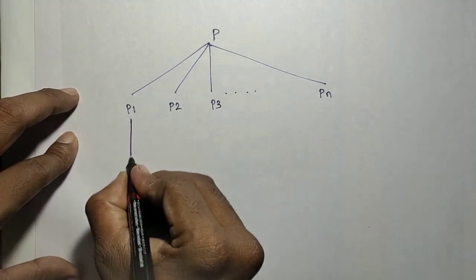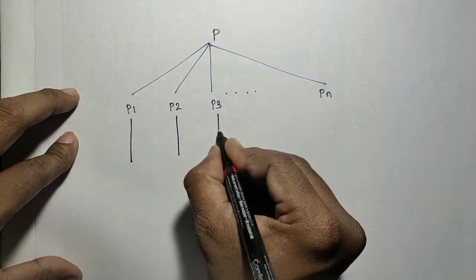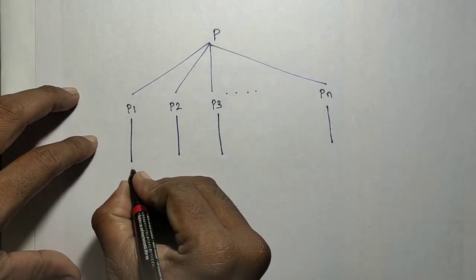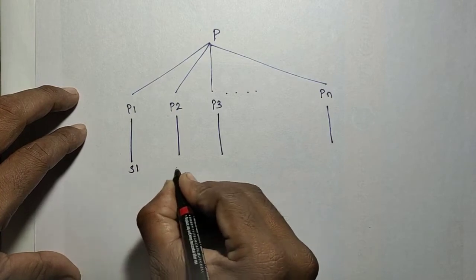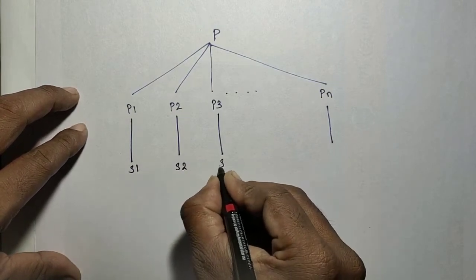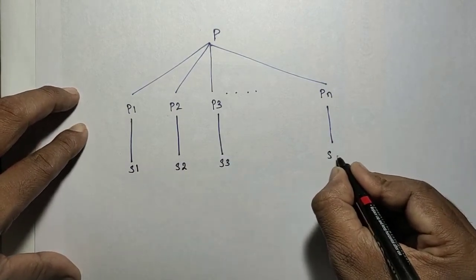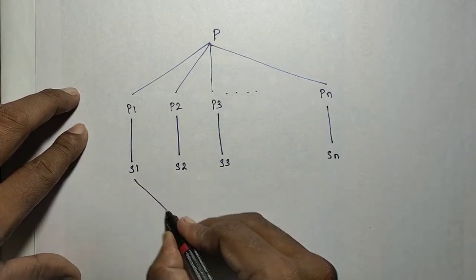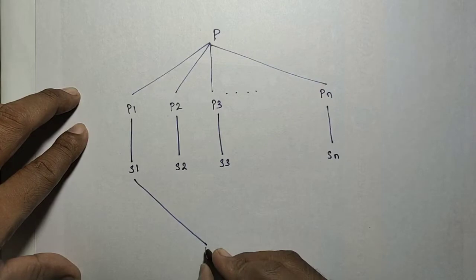The subproblems are solved either recursively or iteratively, giving solution 1, solution 2, solution 3 and so on, solution n. And finally, the solutions are combined into the solution for the main problem.